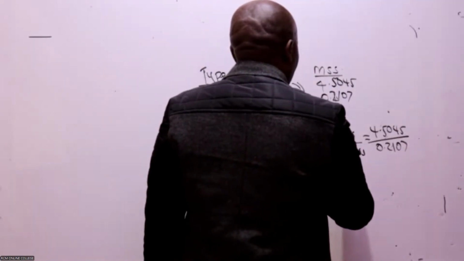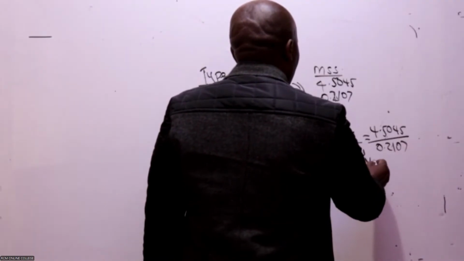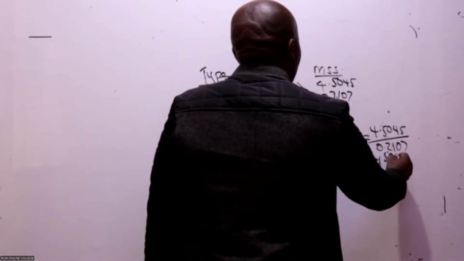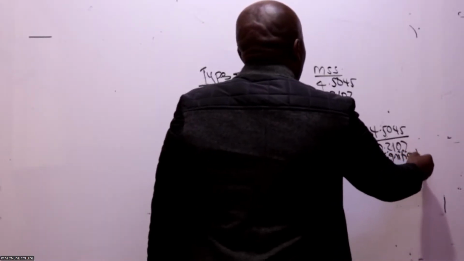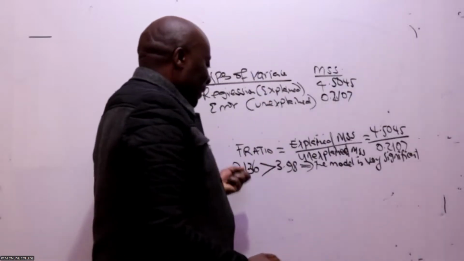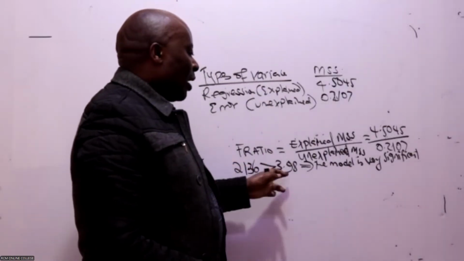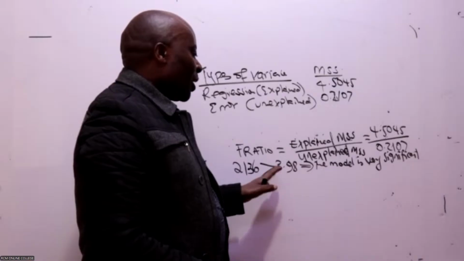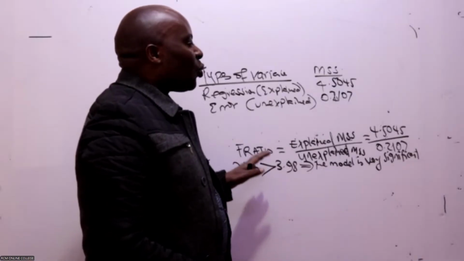The model is very significant because you can see how big it is. We expected something close to the threshold, but now 21.36 is really huge.